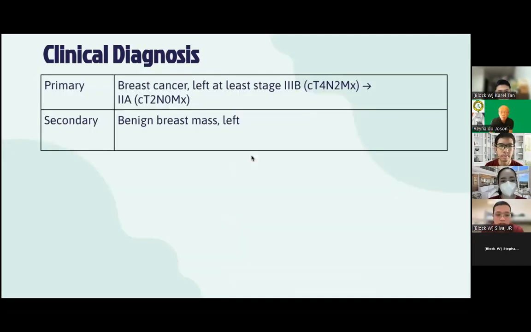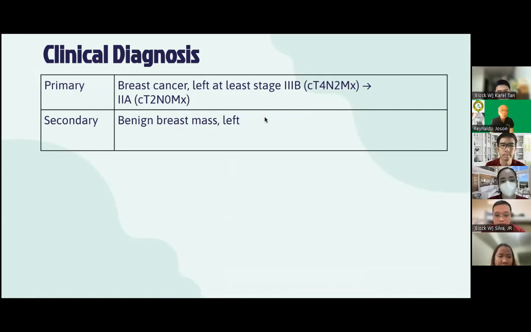So for our clinical diagnosis, po, our primary clinical diagnosis is breast mass. Sorry. So the patient, just like what Jules said, is a 59-year-old female who presented with a 25-year history of a gradually enlarging left breast mass, movable and tender, and initially without skin changes but with progressive enlargement of the mass.